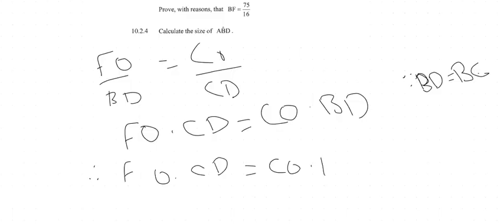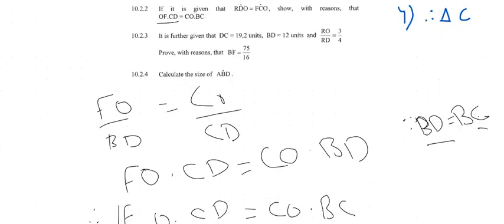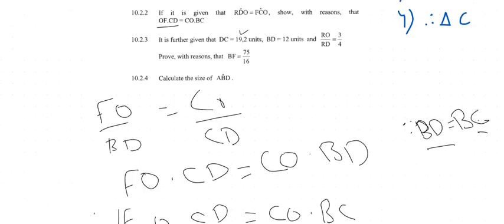The next part of this question is 10.2.3. It is further given that DC is 12 units, BD is 12 units, and RO by RD is 3 by 4. Prove with reason that BF equals 75 by 16. How can we prove that?